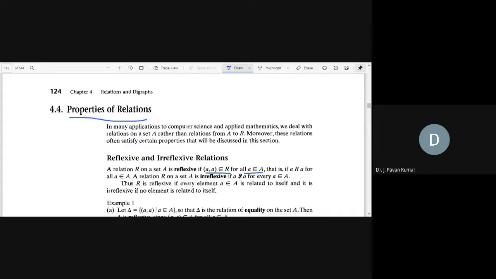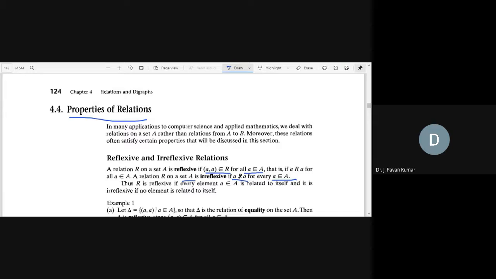What is the definition of irreflexive? A relation on a set A is irreflexive if A is not related to itself for every A. But in our example, 1 1, 2 2, 3 3 belong to R, so it is not irreflexive as well. Understand the point?